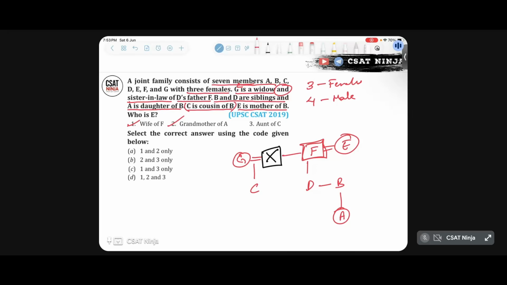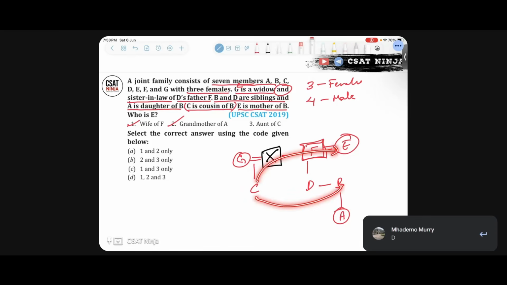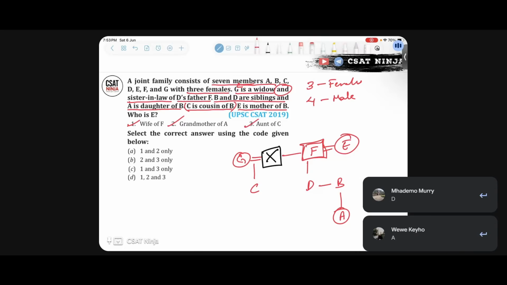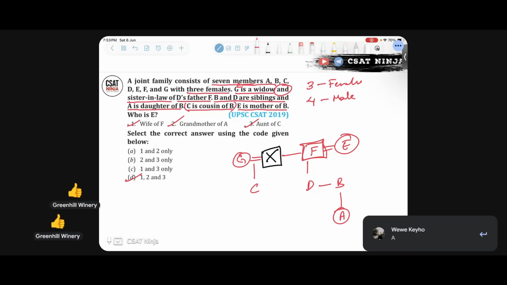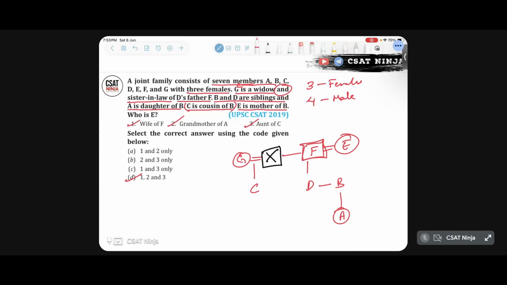Next one, aunt of C. Yes, because since B and C are cousins, I can say that E is the aunt there. That means all these statements, 1, 2, 3 are correct here. I think it will be option number D, okay?